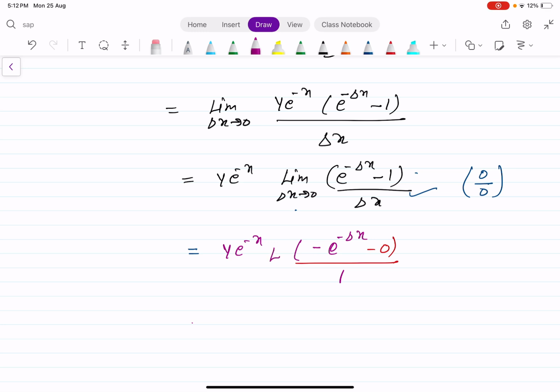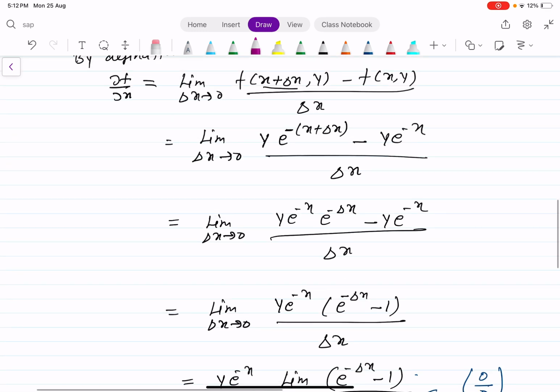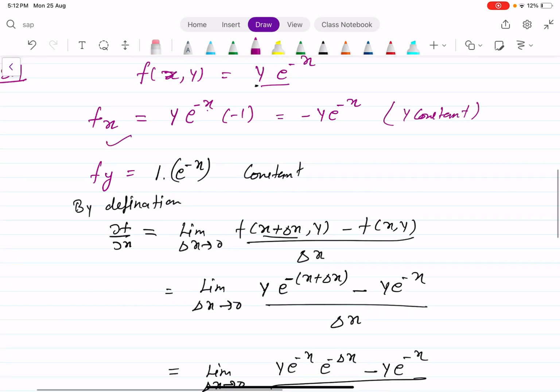The limit of this is minus 1, so the result is minus y e raised to minus x. This is the value of del f over del x, the same as we computed before.